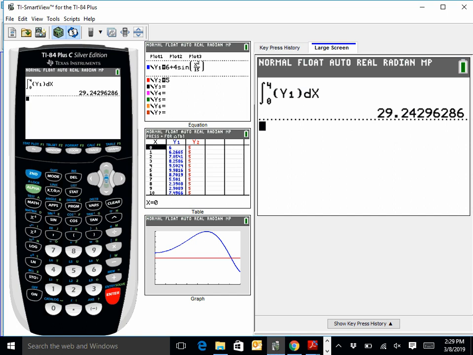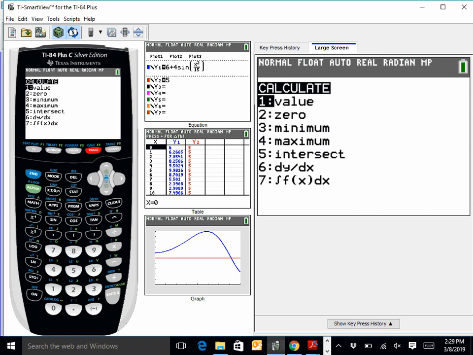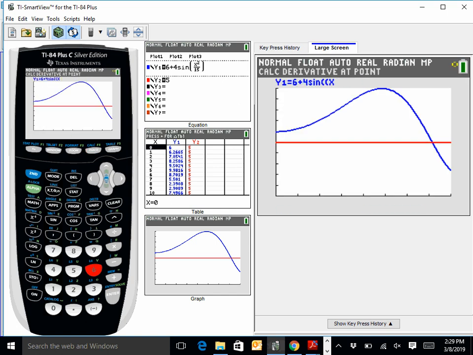So I'll go back to my graph and hit second calc, dy/dx. Since I have 2 functions in here, I have to make sure I'm doing the derivative of the actual function I want. It's supposed to be of r, and r I know is my y1. It always will default start you on y1.